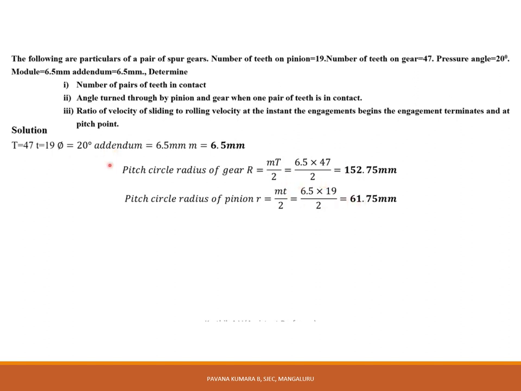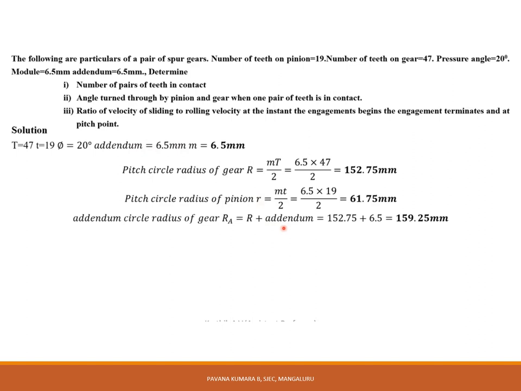All data is given. So addendum circle radius of gear, capital RA, is equal to capital R plus addendum. Addendum is nothing but AW into M, that is also directly given, so no need of multiplying. M is 6.5, so addendum is 6.5 mm.